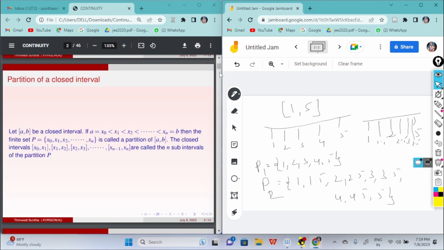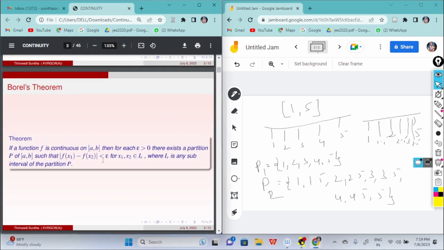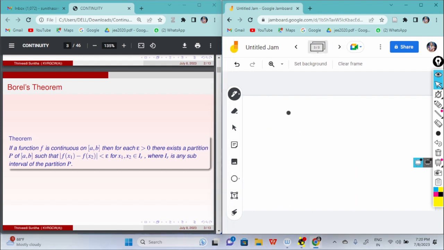Okay. So next, coming to the Borel's theorem statement. If a function f is continuous on [a, b], then for each epsilon greater than 0, there exists a partition P of [a, b] such that mod f(x1) minus f(x2) is less than epsilon for x1, x2 belonging to Ir, where Ir is any subinterval of partition P. So as earlier I said, 1, 2, 3, 4, 5 is a partition.